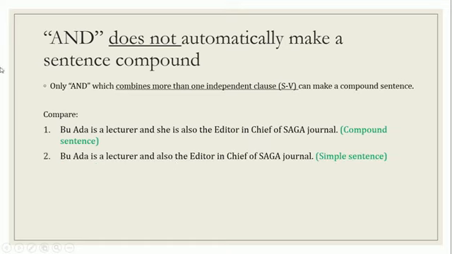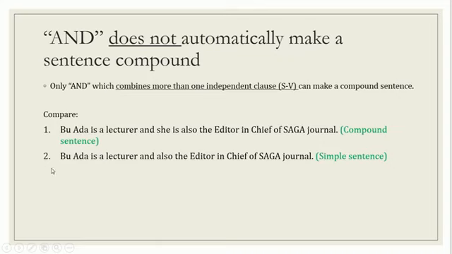You can compare it with this sentence. Bu Ada is a lecturer and also the editor-in-chief of Saga Journal. Even though perhaps the meaning of these two sentences is relatively the same or almost similar, in terms of structure, these two are different. The second sentence is an example of a simple sentence.